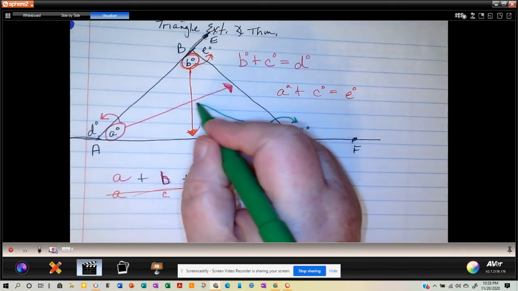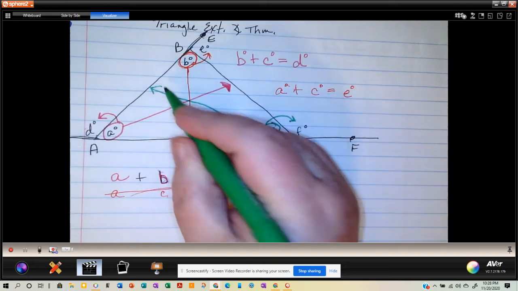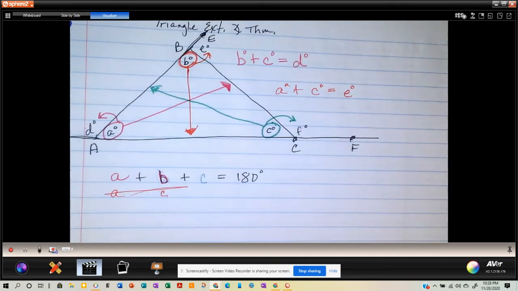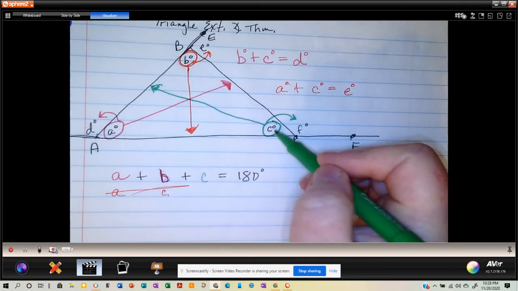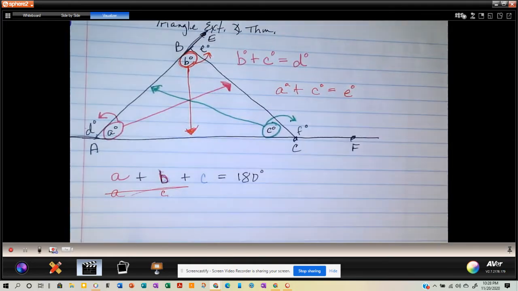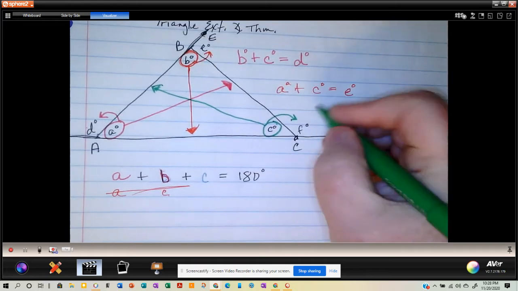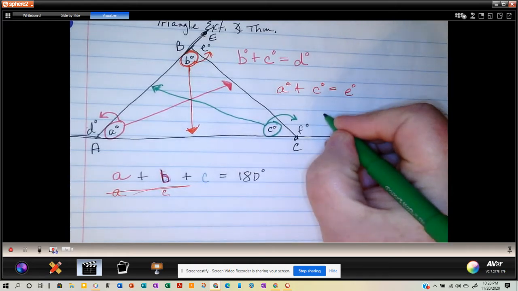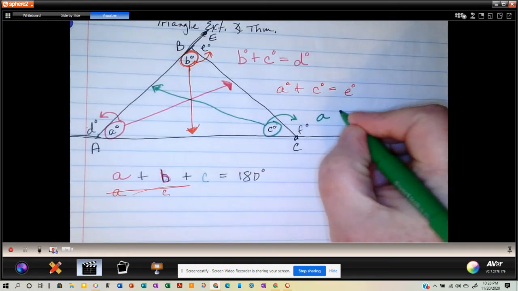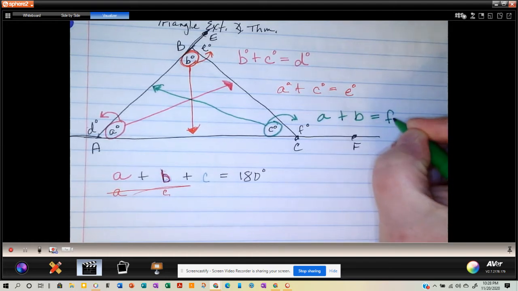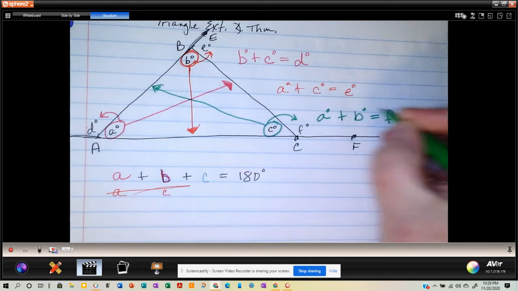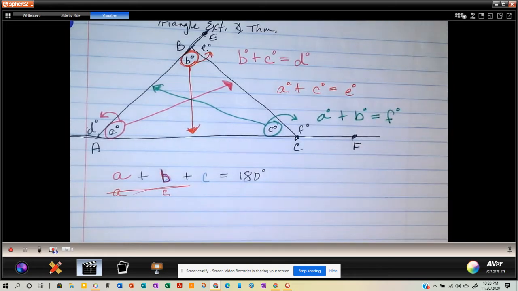Who knows? But here's the way we get it. So C is begging A and B to tell him the answer. So C says, hey, A plus B equals F. Not so hard, right?